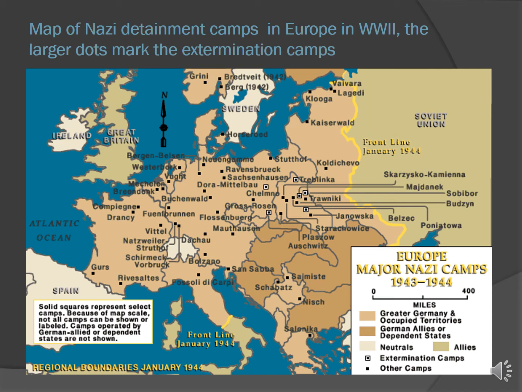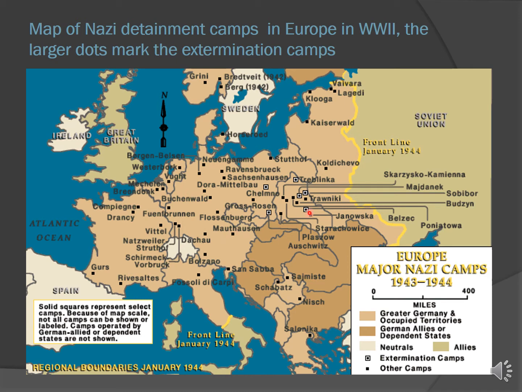So if we move ahead now, we can see this is a map of the Nazi detainment camps across Europe. You'll notice there is a lot of them, right? So all of these black dots are detainment camps of one sort or another. A lot of them are work camps.